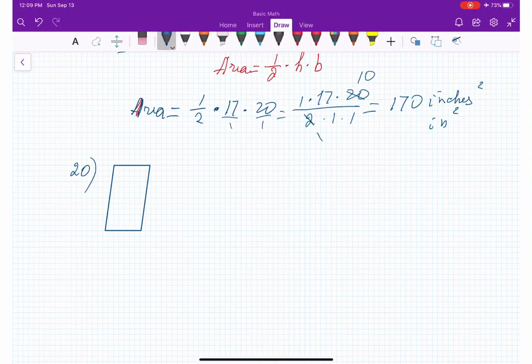There we go. So that's a length because it's a rectangle.